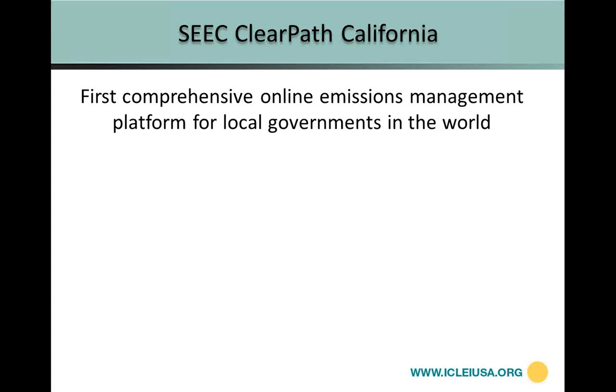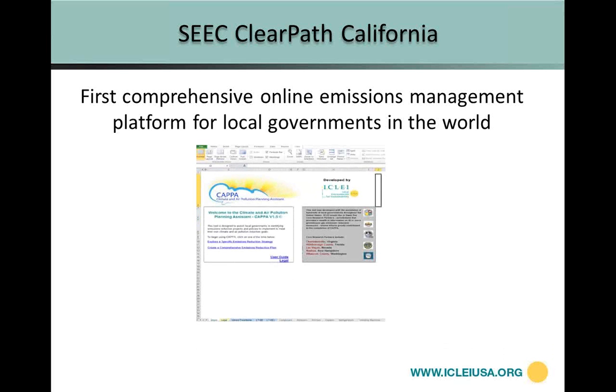I just wanted to provide a little bit of chronological background of how it came to be. ICLEI has always been delivering greenhouse gas inventory tools and climate action tools, and a lot of it stemmed with the technology of the time. To pull up this first slide, CAPA was the Climate and Air Pollution Planning Assistant, which ICLEI was able to create across the United States back in the last decade.